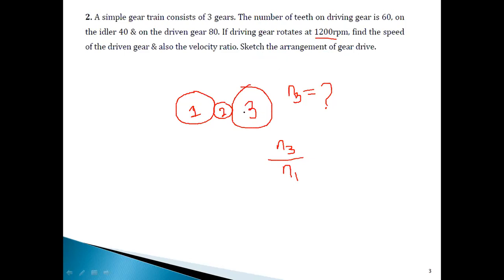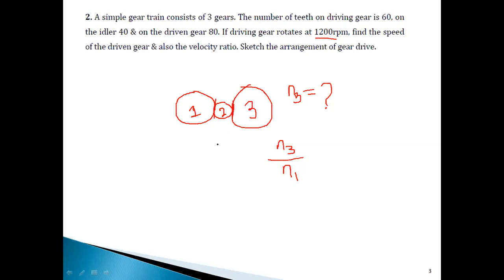Another important point is showing the direction of the gear. If the direction of gear rotation is not mentioned in the question, then you can assume one direction starting from the driver gear. We have seen that where gears mesh with one another, at the meshing points they turn in opposite directions.